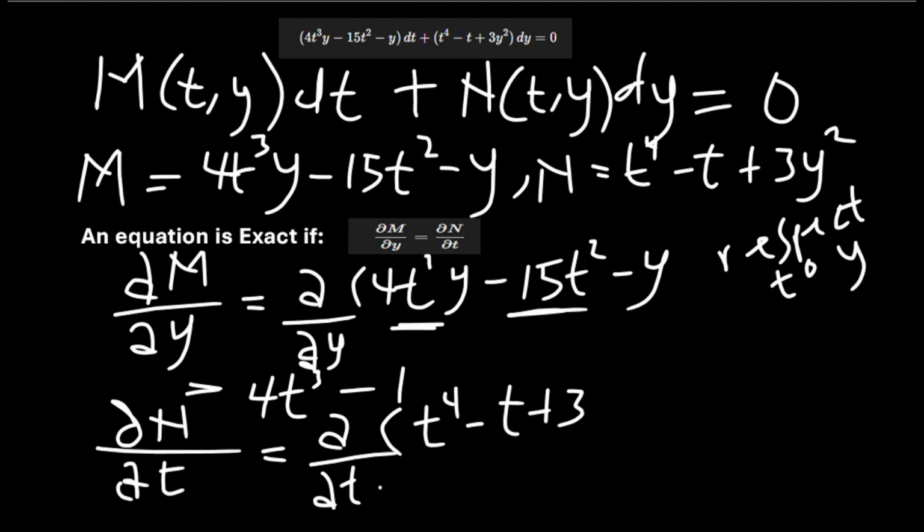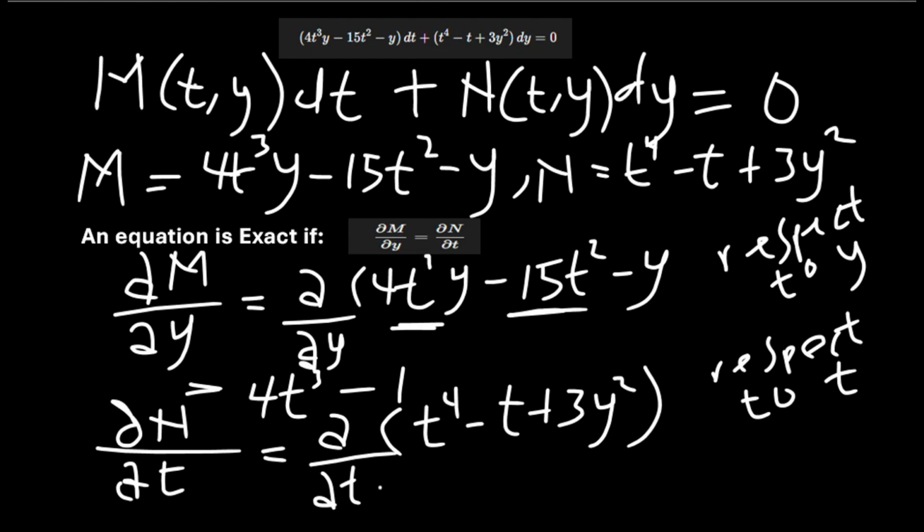We are differentiating with respect to t, so every term in this equation that does not have t goes to 0. When we look at this equation, we will see that the 3y squared does not have any t inside, so it goes to 0.